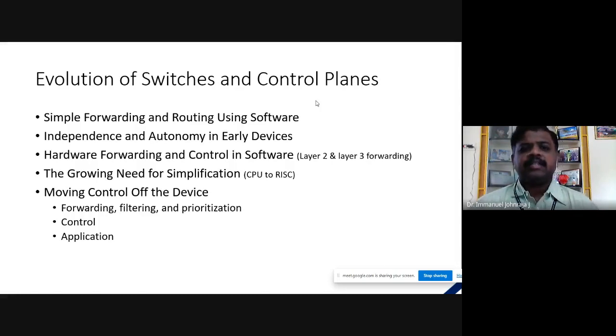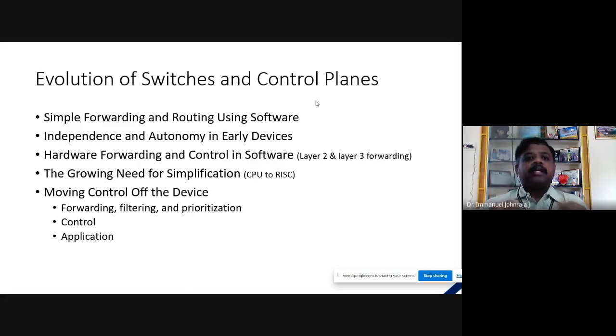And the third one is hardware-based forwarding, with control in the software. For instance, layer 2 and layer 3 forwarding were all happening based on the hardware. Even today that's the case. You have your routers and your dedicated switches. They take the decision based on their own fabrication, their own architecture internally. Switching specifically is happening in your hardware.